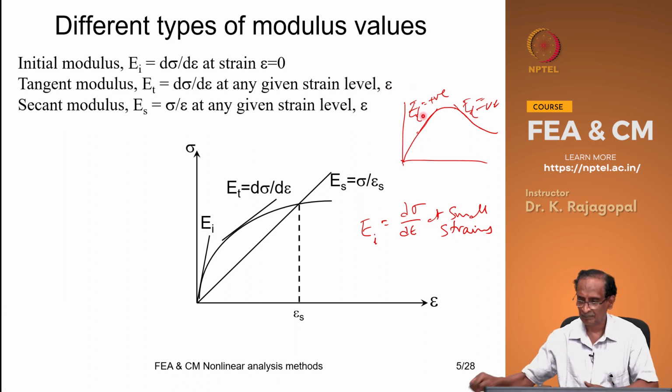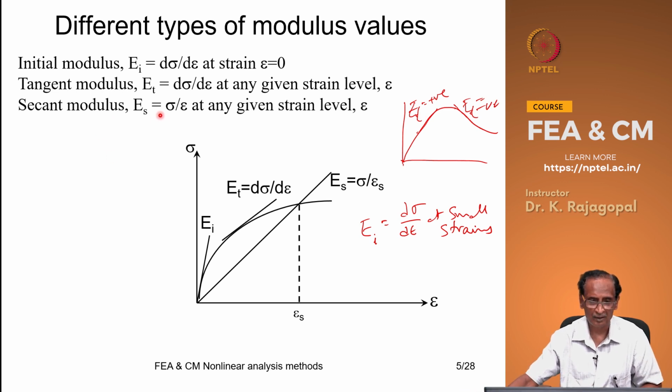So in that case we can go in for the secant modulus, because it will always remain positive definite, because it's sigma by epsilon.